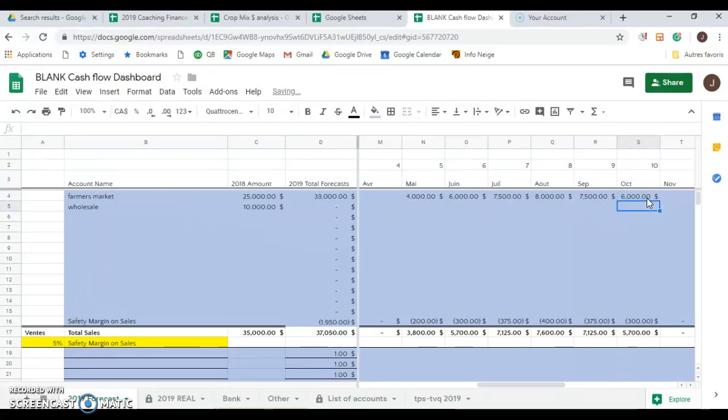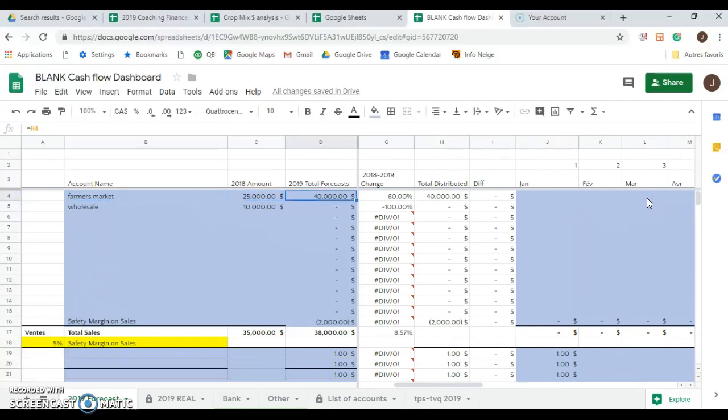Boom. And my numbers aren't as nice as I'd love. Let's say 9,000 in August. Boom. So that's what we would like. And so over here we see it's automatically adjusted itself to 40,000. And so that's the first approach.